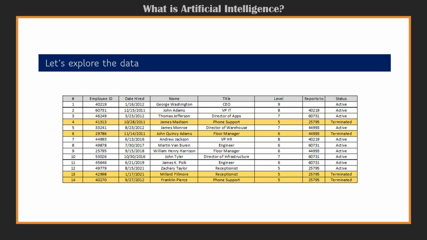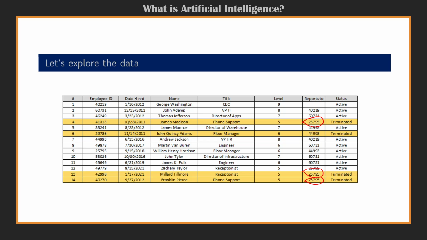A few things would perhaps jump out at you if you spend a few minutes. You would see that in the reports to column, this number 25795 appears for 3 of the 4 people who are terminated. So if you can just follow this whole spreadsheet here. James Madison, employee number 41313, was hired on 10/28/2011 as a phone support person.